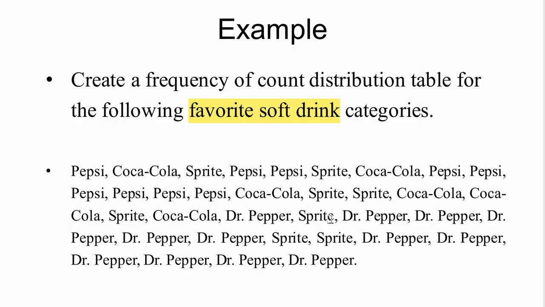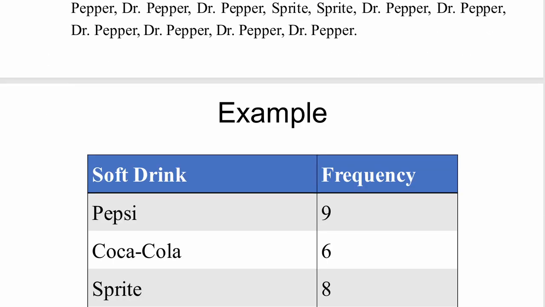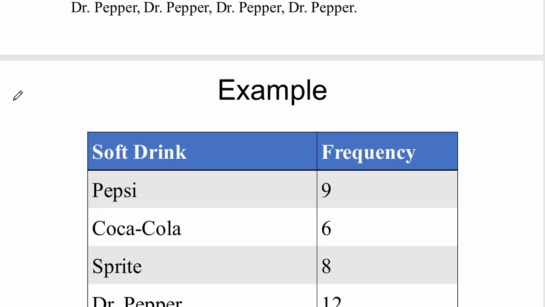And so you will notice that we have different categories of favorite drinks. We have Pepsi, we have Coca-Cola, we have Sprite, and then another Pepsi and Pepsi. So on our distribution table, we're first going to start with the first category. The first category is Pepsi.